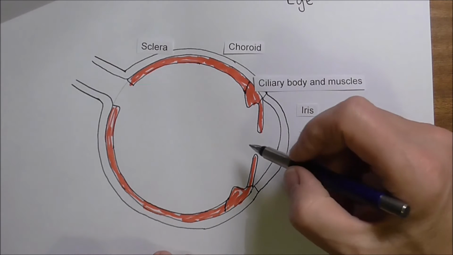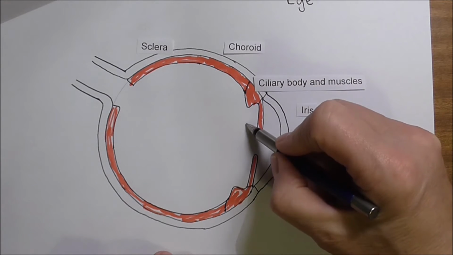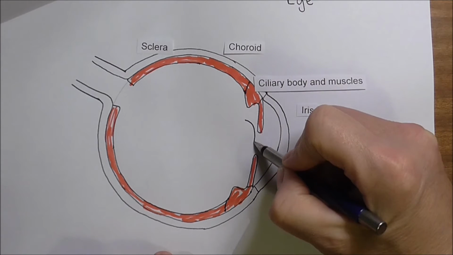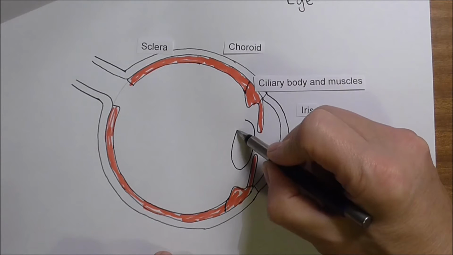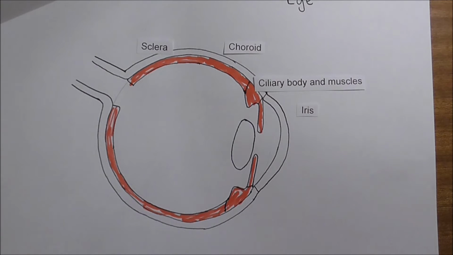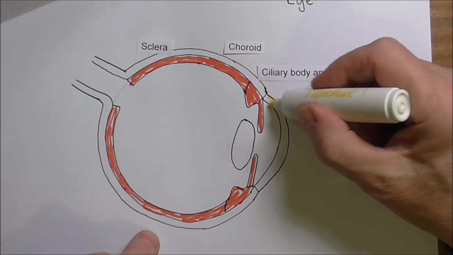Now, the lens of the eye, which does a lot of the focusing and accommodation, that is a biconcave disc. And it's just there. So this part is the lens. And of course the lens is transparent to allow light through. So just to clarify, the transparent bits I'm going to colour in yellow.